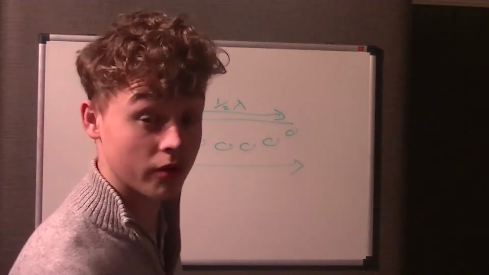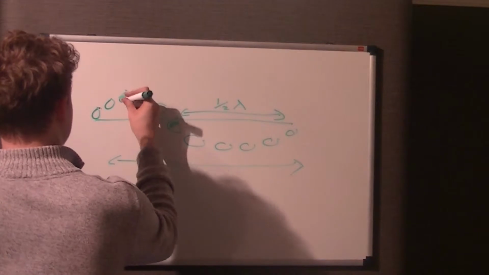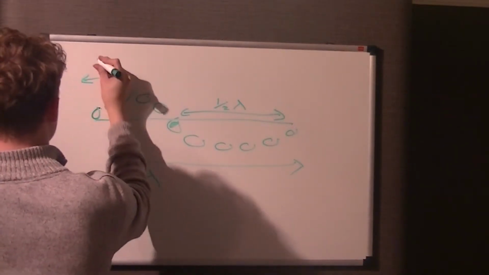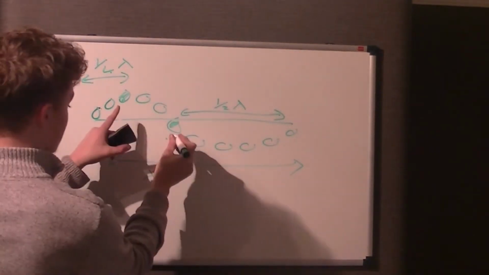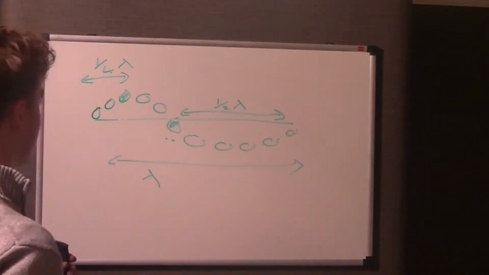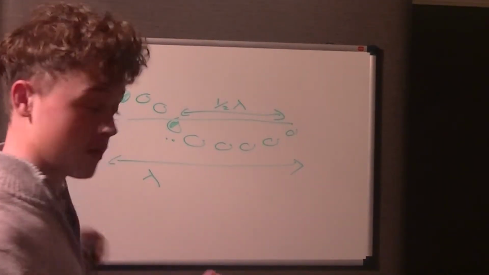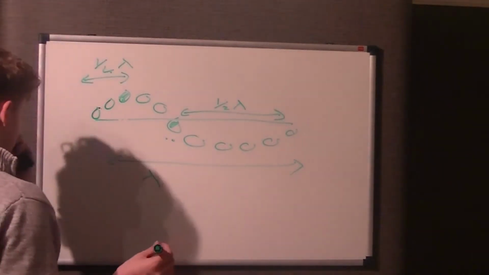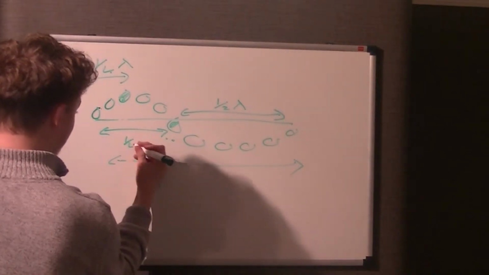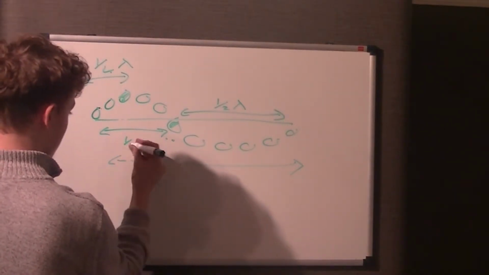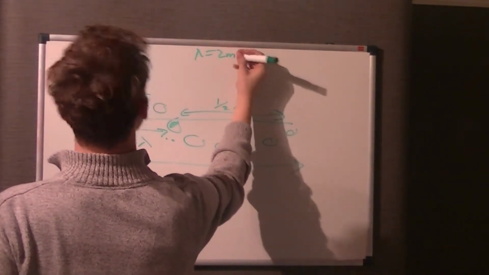Then this is a quarter of lambda, and you want to know the phase difference between these two points. That's going to be a half, and then that's going to be a quarter. And let's give lambda equals 2 meters.